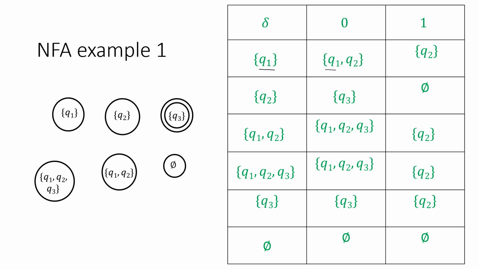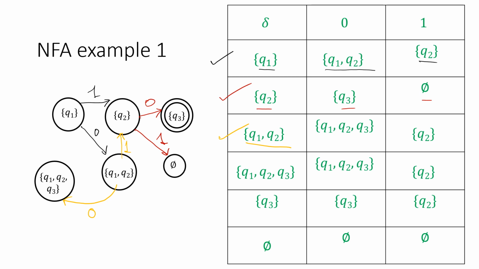So let's go through and start looking at the transitions. From Q1 on 0, I go to Q1, comma, Q2. And on 1, I go to Q2. Continuing on, from Q2, on 0, I go to Q3. And on 1, I go to the empty set. Then, from Q1, comma, Q2, on 0, I will go to Q1, Q2, Q3, and on 1, I will go to Q2.